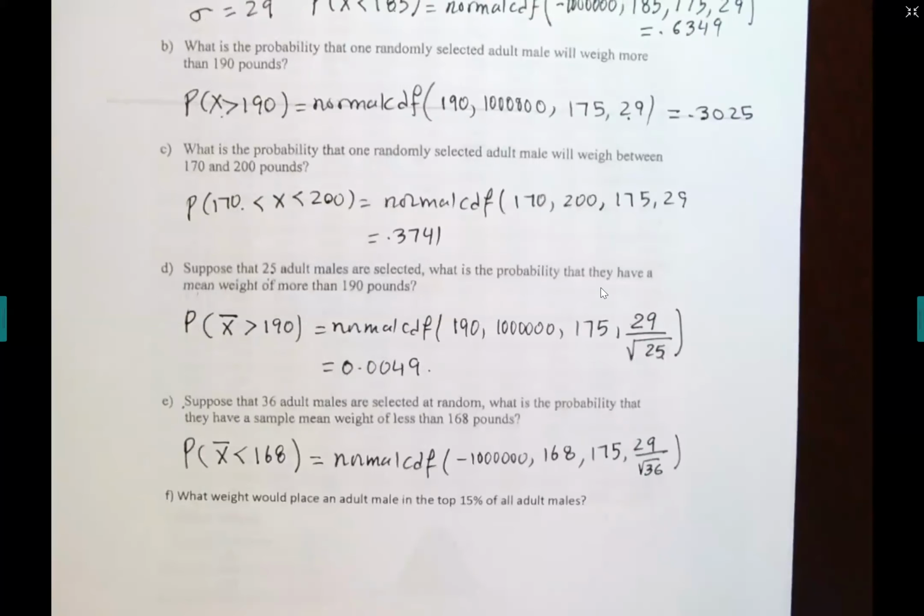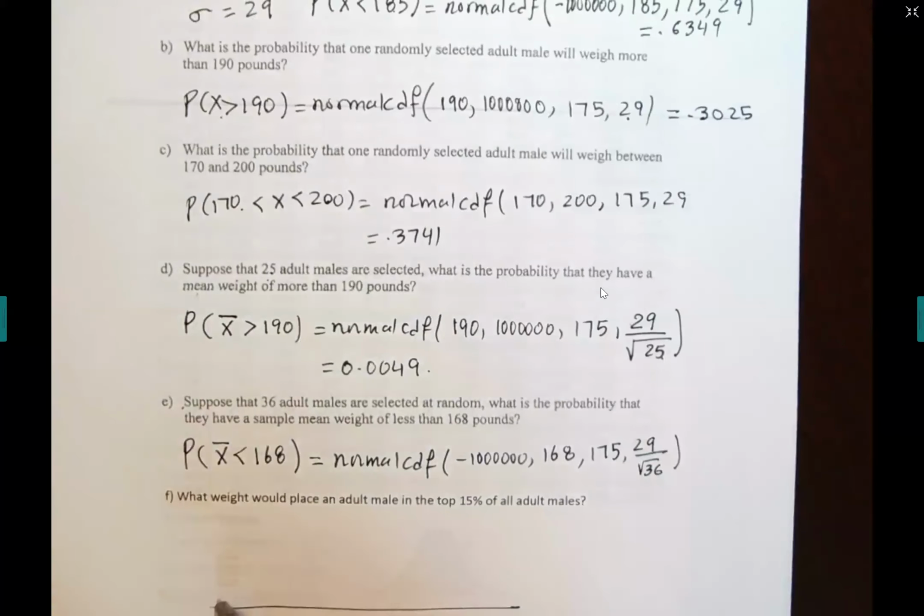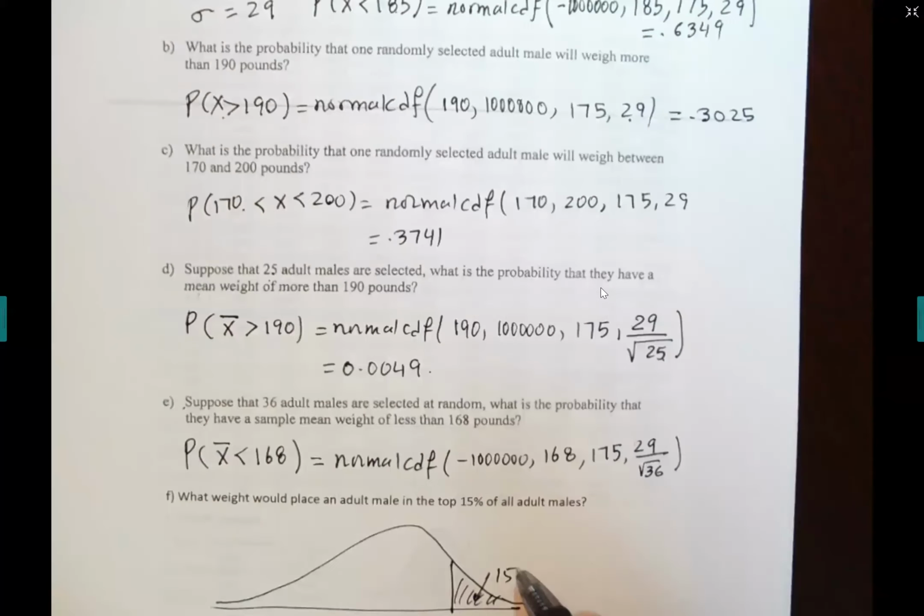F, what weight would place an adult male in the top 15% of all adult males? Top 15% of weight, that should go to the right. Most of the time, top means to the right. So this is the 15% right here. We need to know the weight of the person right here, so we need the X value.